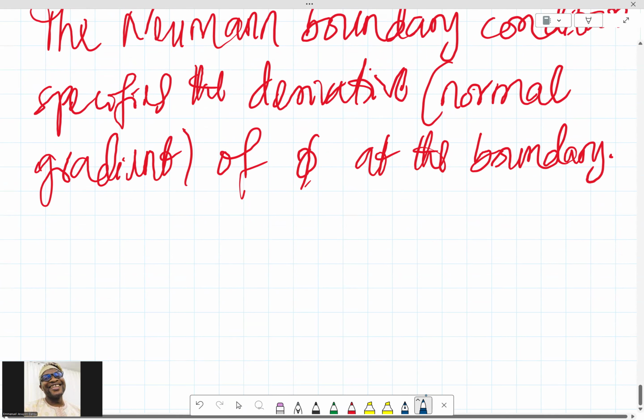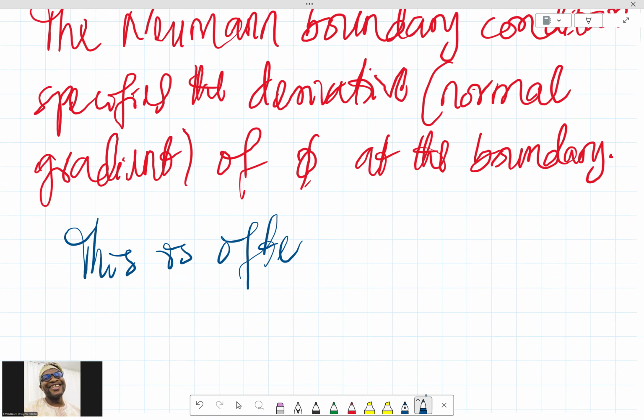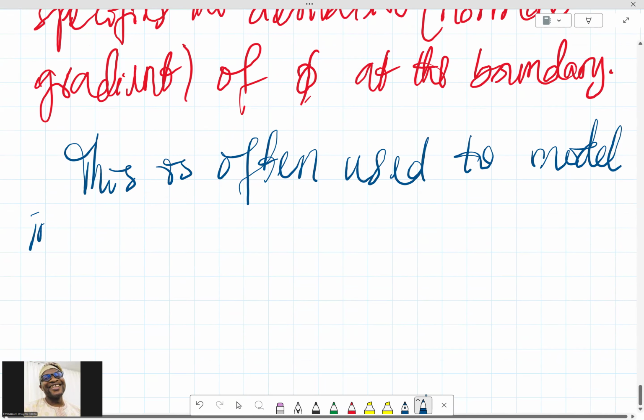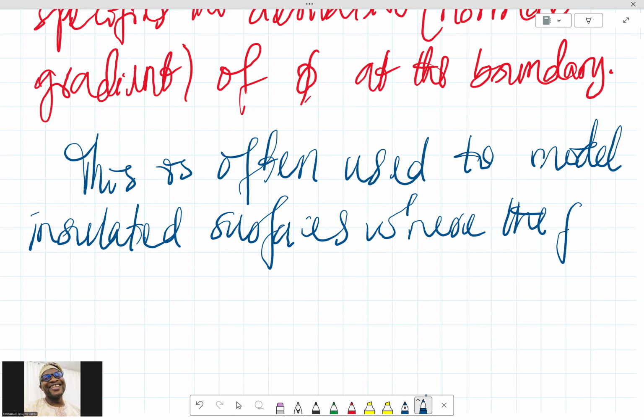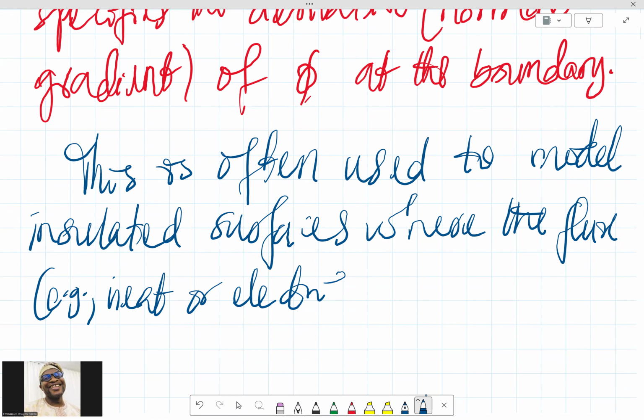So Dirichlet talks about the function at the boundary, but here we specify the normal gradient at the boundary. This is often used to model insulated surfaces, where the flux, which can be the heat itself or the electric field, is fixed instead of the temperature or the electric potential itself.